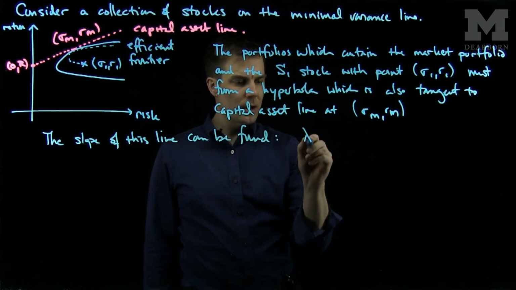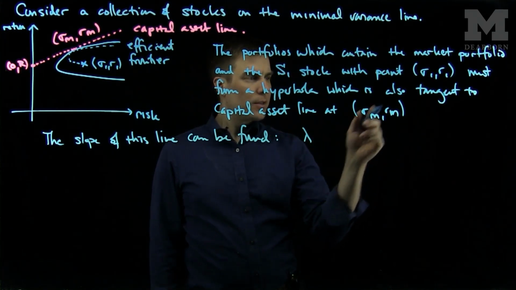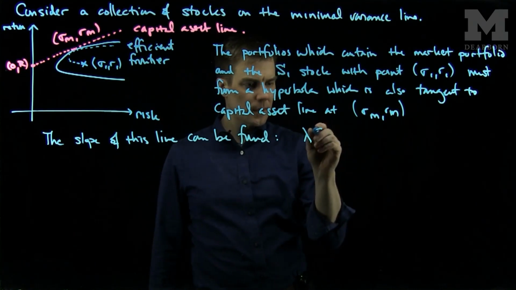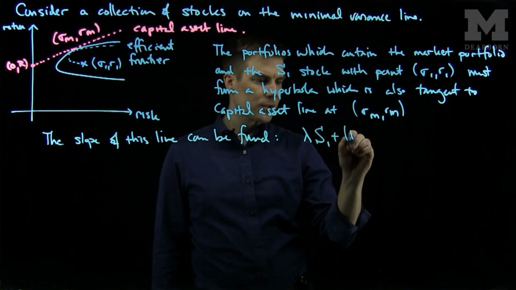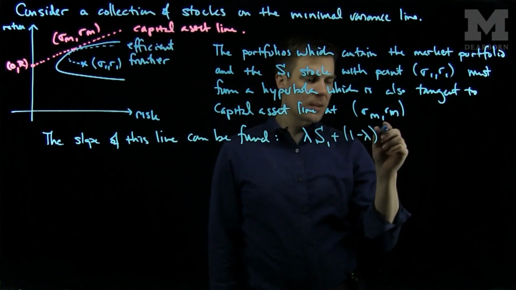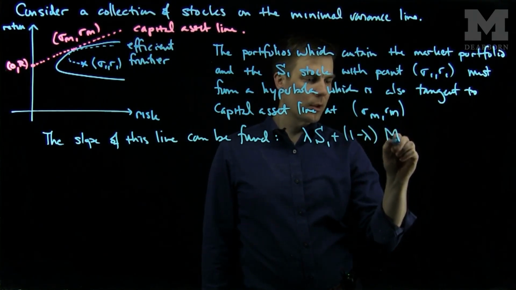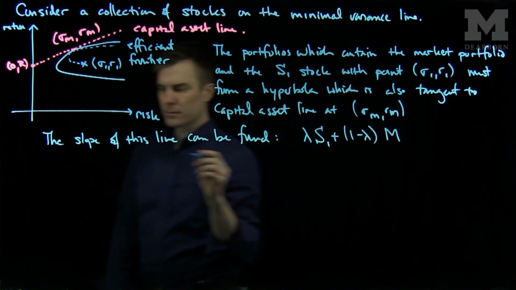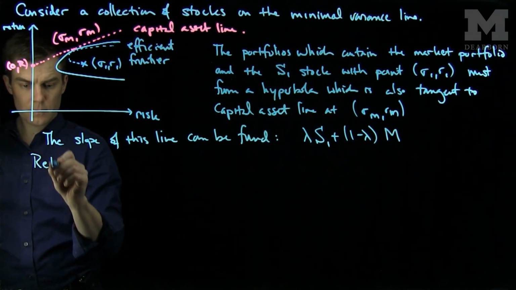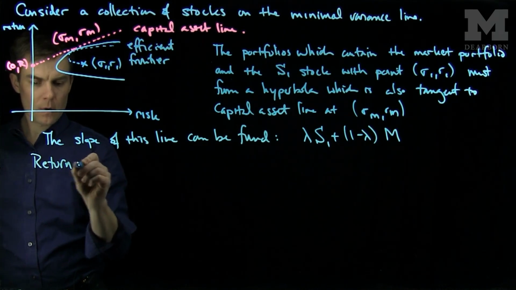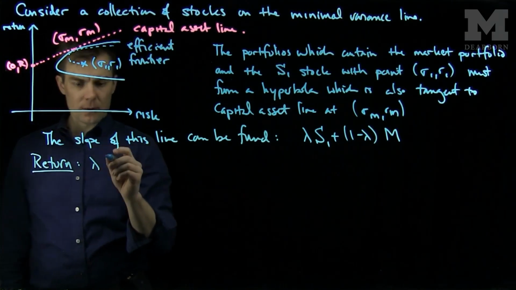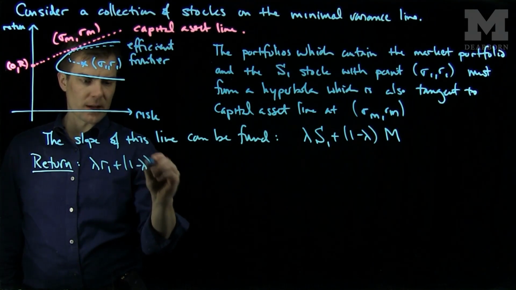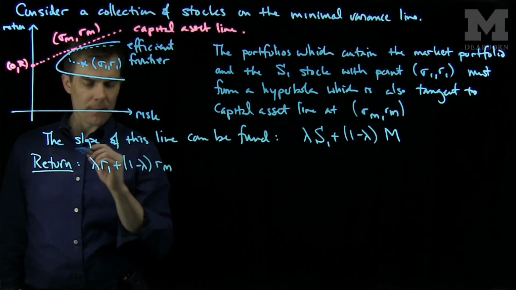We consider lambda in the direction of the first stock, S1, plus 1 minus lambda in the proportion of the market portfolio, M. And so if we look at this in terms of returns, the return will be lambda R1 plus 1 minus lambda Rm.